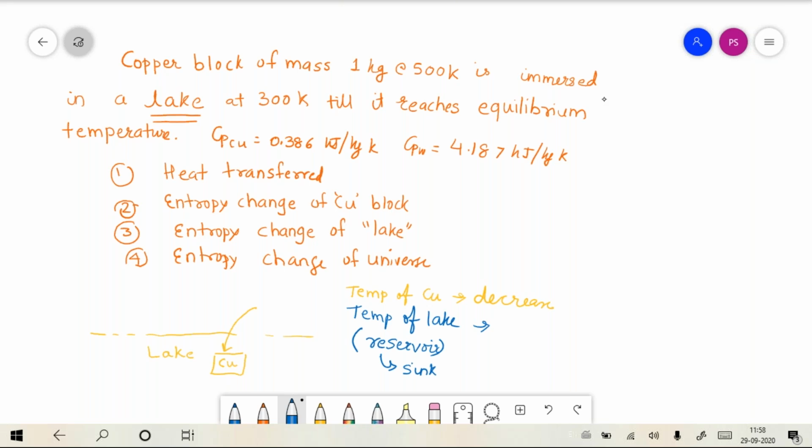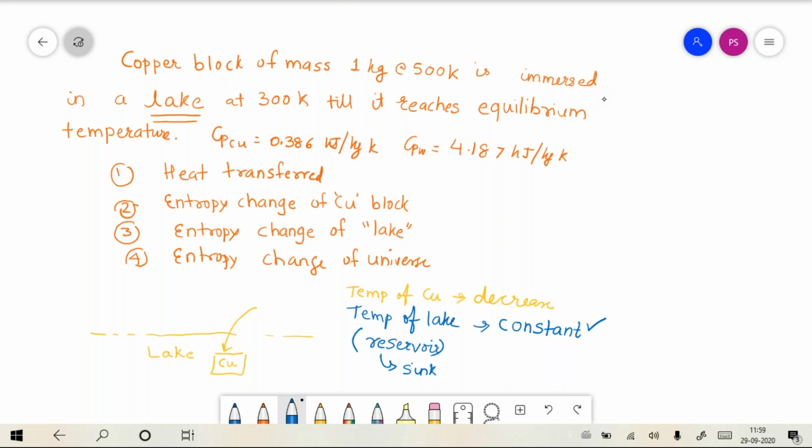So in this case of heat transfer, considering the quantities of heat transfer which you are talking about, we can assume the temperature of the lake to be constant, and that is the correct assumption. Then your calculations become very simple.